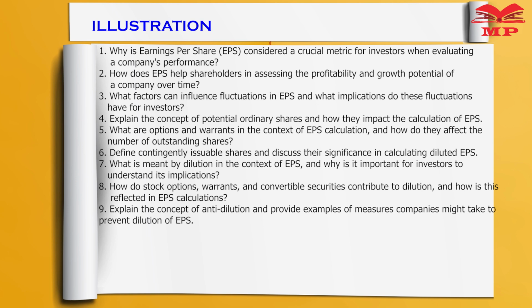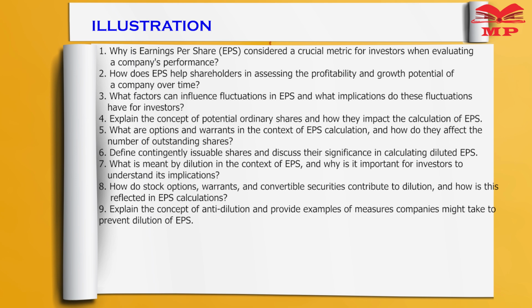5: what are options and warrants in the context of EPS calculation, and how do they affect the number of outstanding shares? The other question: define contingently issuable shares and discuss their significance in calculating the diluted earnings per share. The other question: what is meant by dilution in the context of EPS, and why is it important for investors to understand its implication?